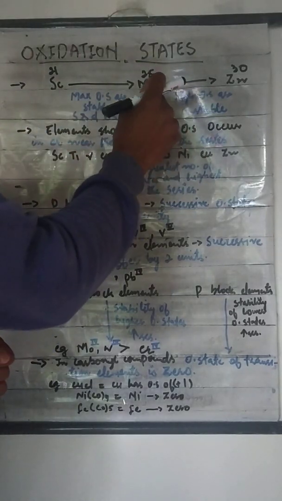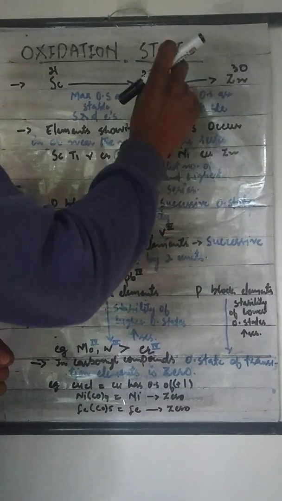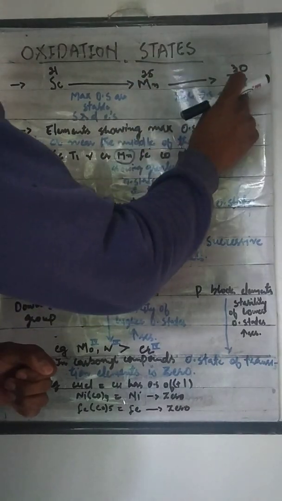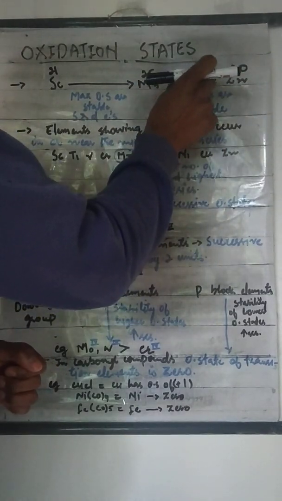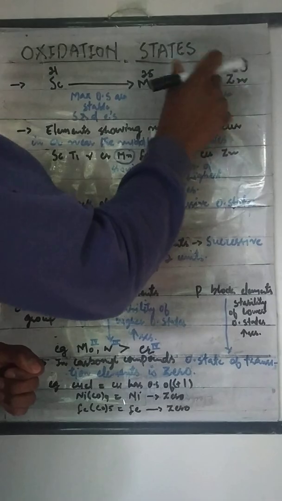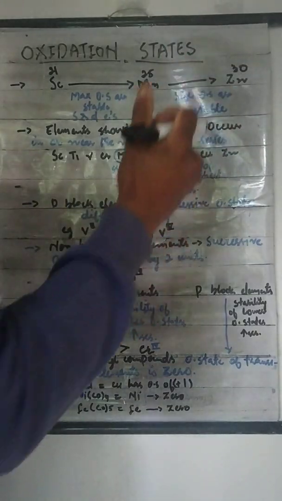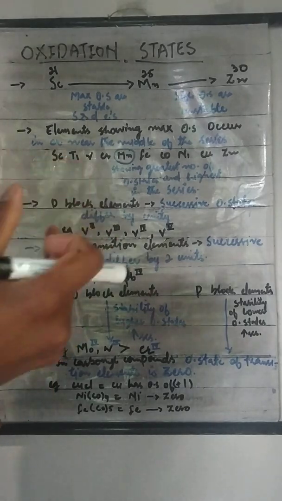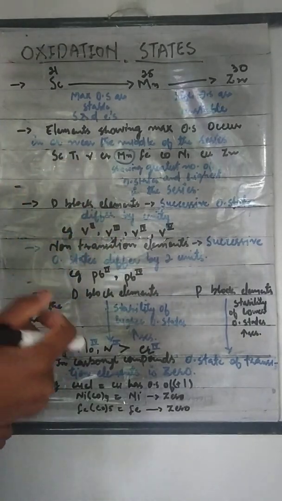And when we move from manganese to zinc, high oxidation states are unstable. This means that those elements which lie between manganese and zinc prefer to form compounds in lower oxidation states because those compounds will be stable.